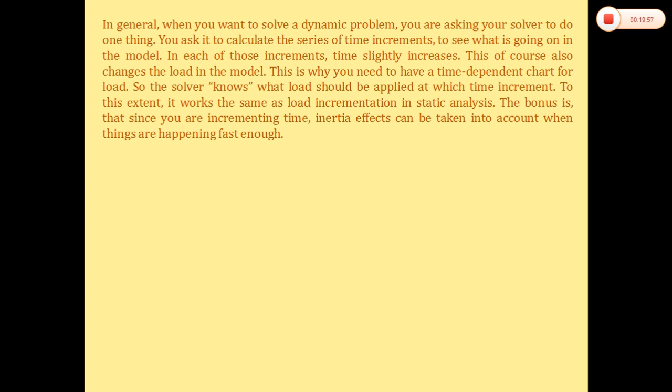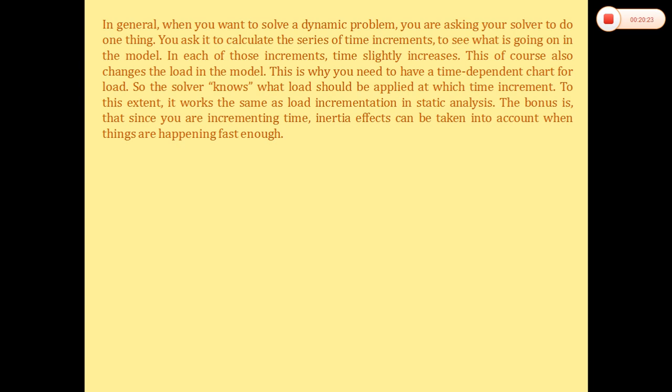The bonus is that since you are incrementing time, the inertia effect can be taken into account when things are happening fast enough. Taking this in a simple manner, if I divide that particular event by the time increment, at each time increment it is calculating the effect.